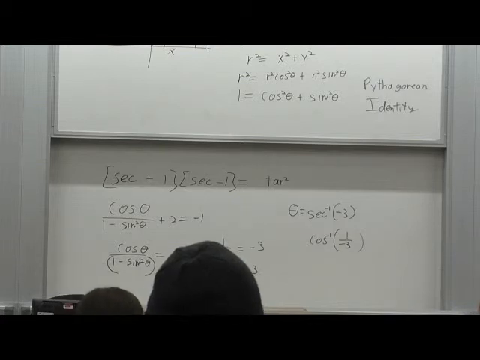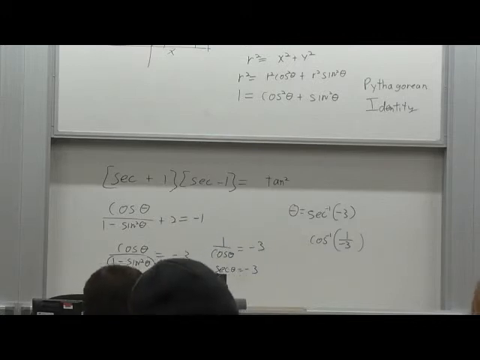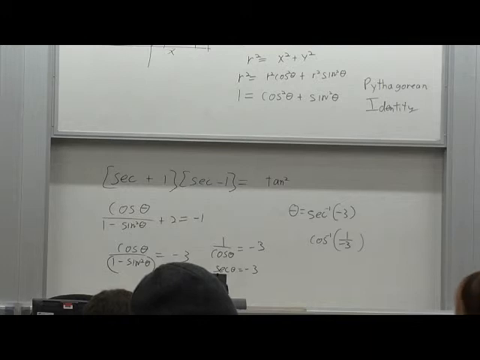I may be just wasting time here. I think I end up back where I started from. Let's see. Cosine squared theta times cotangent squared is cosine squared theta over sine squared. Well, this is going to be over sine squared, minus cosine squared.